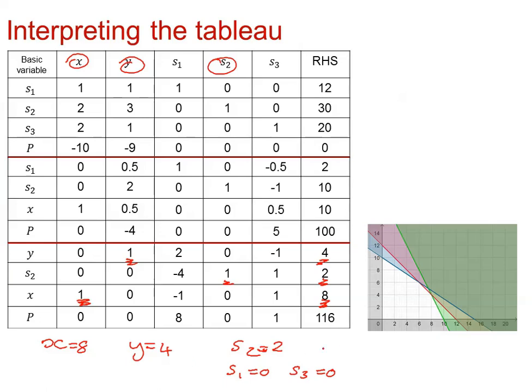So this solution tells us that we have moved from this vertex down here up to the coordinate 8, 4, which is here, and this relates to an objective function P of 8 times 10 plus 9 times 4, which is 116, and we know from previous videos that this is our optimal solution.